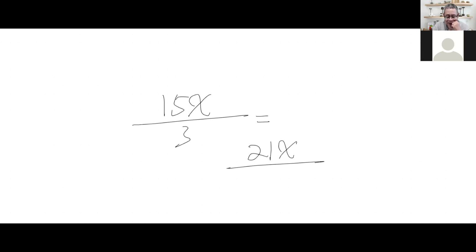Let's try 15x divided by 3. Yep. Then 21x divided by 7x.